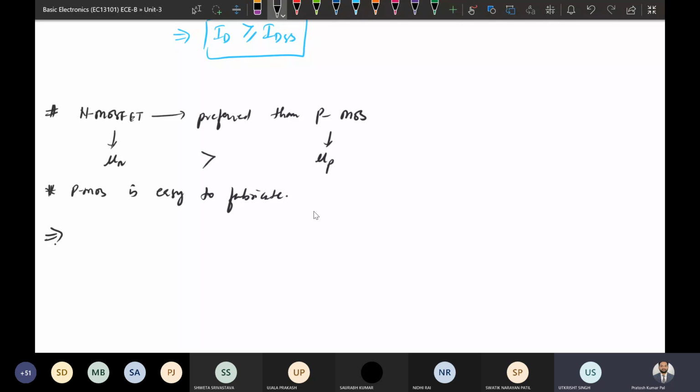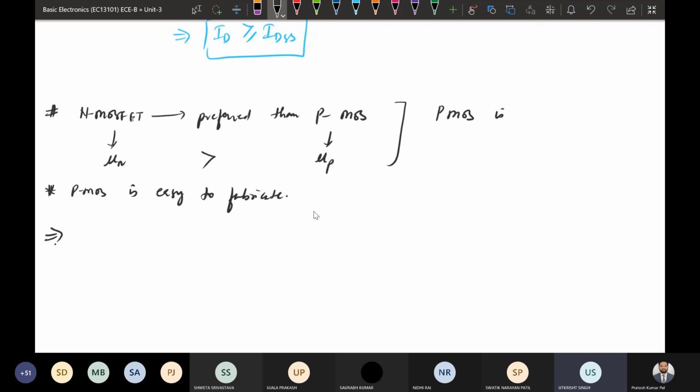If we want to have similar performance from PMOS as NMOS, then PMOS has to be doubled in size. Basically, PMOS requires twice the area that is required for the NMOS to provide the same performance.